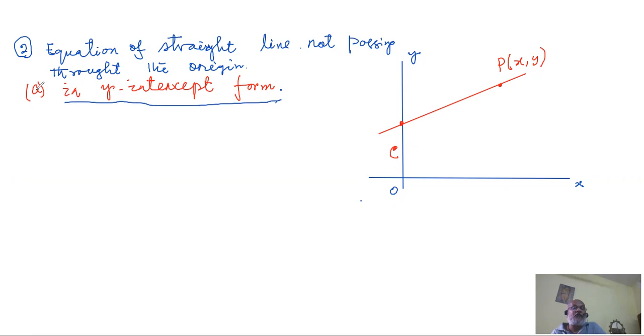So the first one that comes in, the equation of a straight line not passing the origin, that is the common header for all those things, beginning with Y-intercept form.